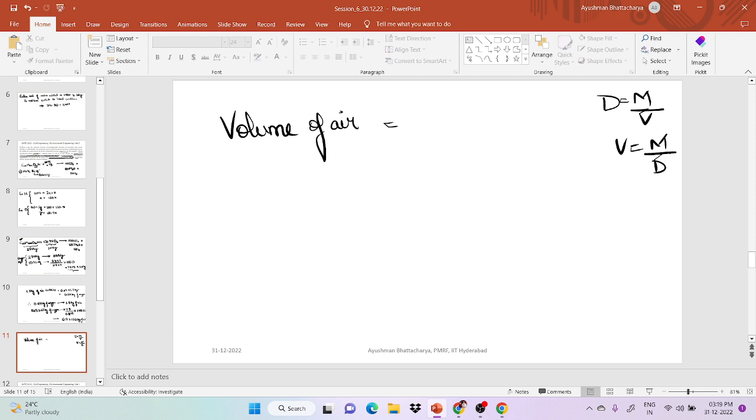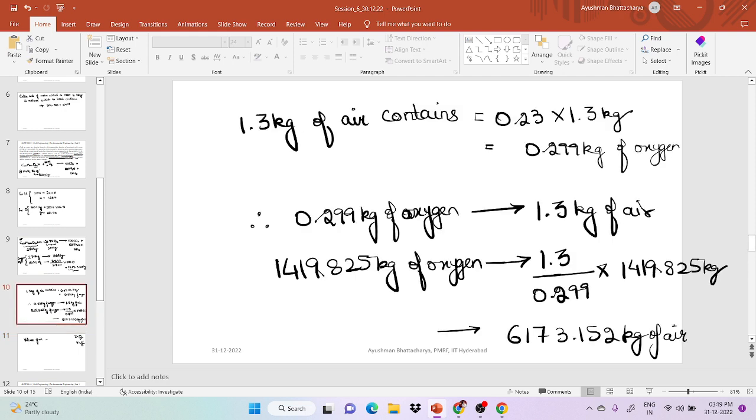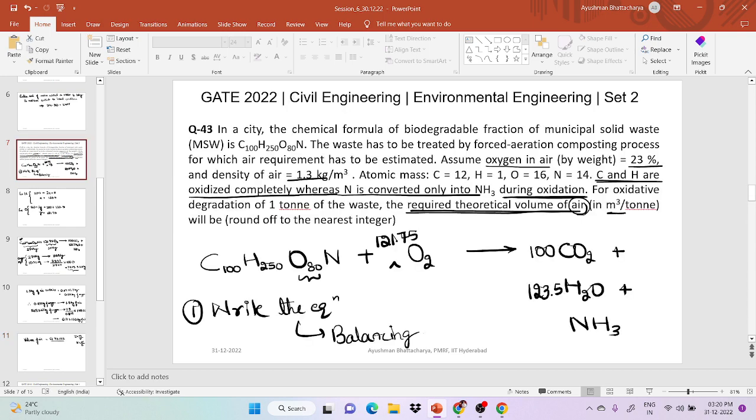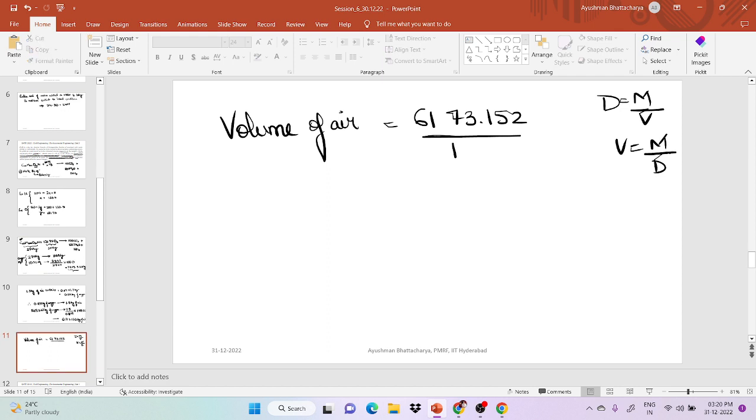Mass we just now calculated to be 6173.152 kg, and density is 1.3. If you solve it, you will get 4748.57 meter cube. This is the answer.